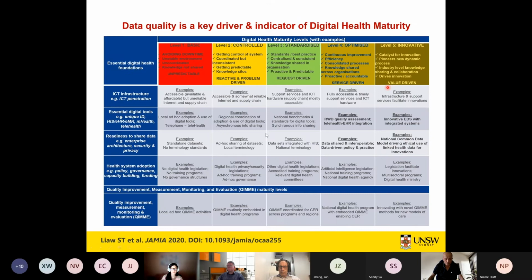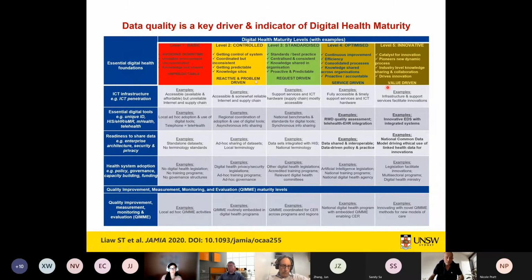But finally, to introduce this session, we need to think that data quality is an important driver and indicator of digital health maturity, because that's what we're all about. How do we harness digital health to improve healthcare and health?